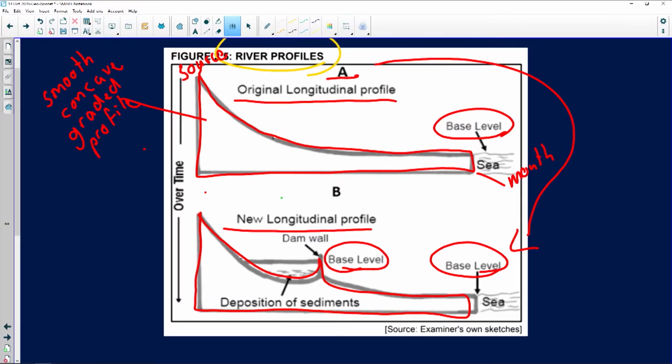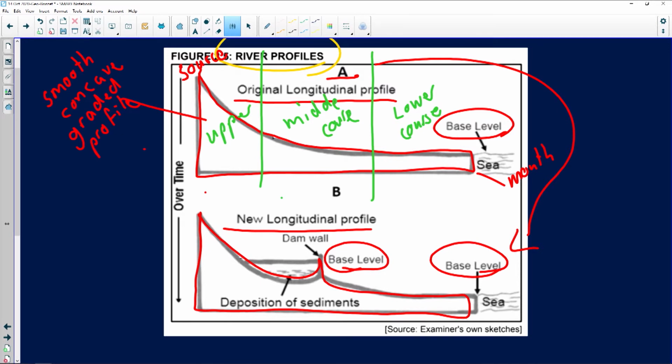Now, this is quite vitally important as well. Remember, we take our longitudinal profile and we can divide it up into 3 stages or 3 courses. I'm going to do it with the top one. We have the upper course, the middle course, and the lower course.